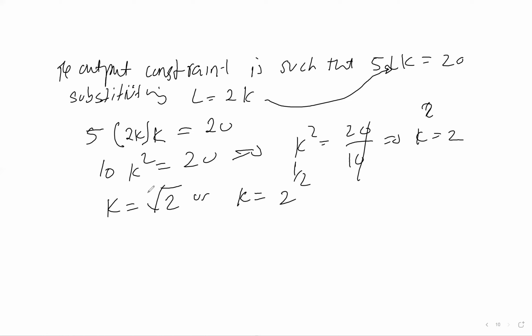So it's the same thing. So this is the level of K. Then you calculate that the level of labor required would be 8 to the power of 1.5. So this is the optimal input mix.